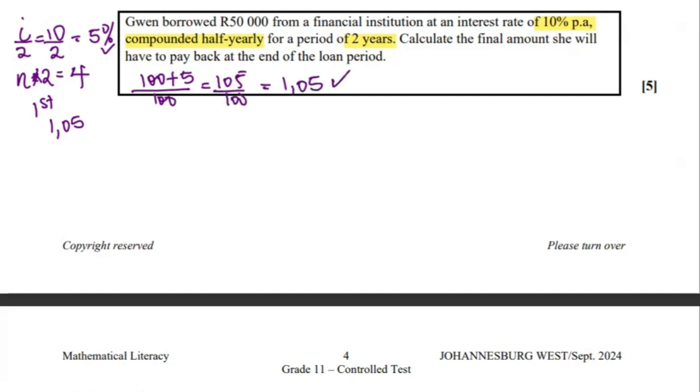We are increasing. Remember, compound interest behaves in the same manner as inflation, where we use the increasing method. All right. So the first half, we shall say 1,05 times the money the person borrowed, the 50,000.